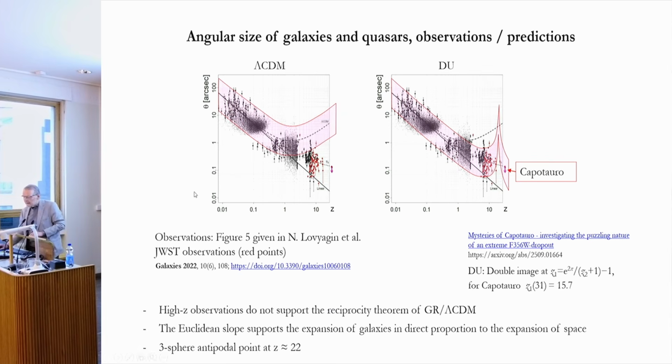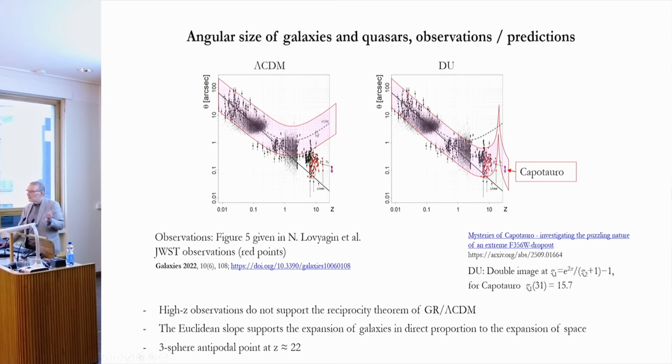What it means is that the reason the standard prediction turns upwards here comes from the reciprocity principle, which was presented by Etherington in the early 1930s, and which was originally based on the idea of special relativity, to have the same angle as what had occurred at the time when the light was emitted.